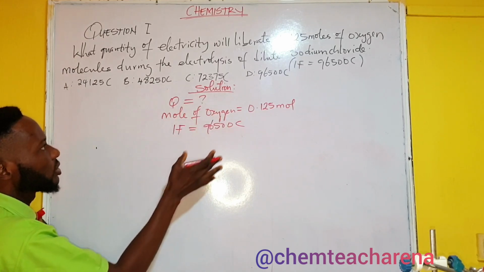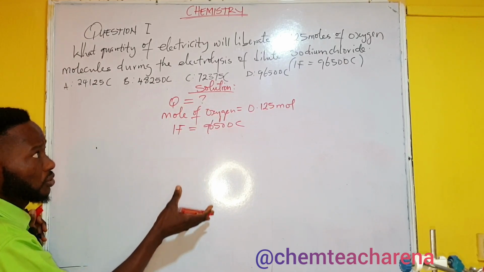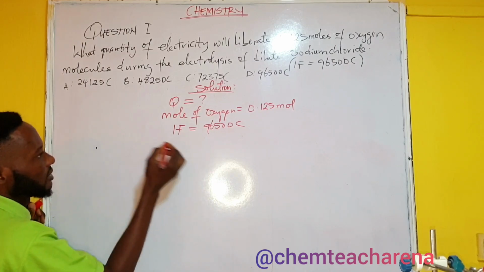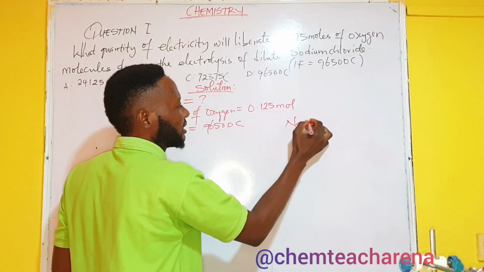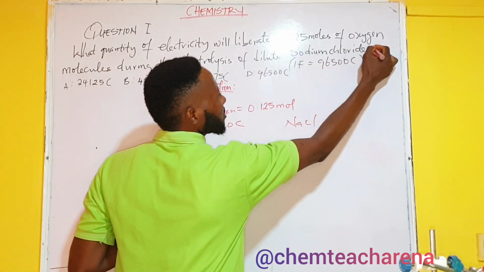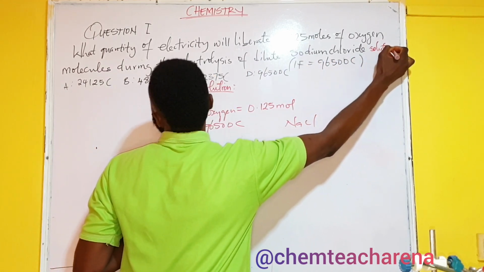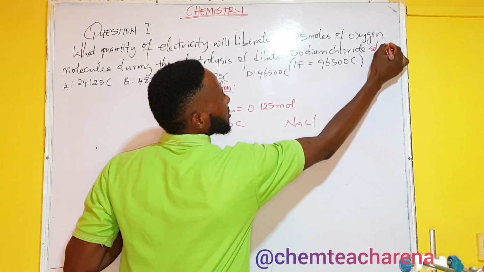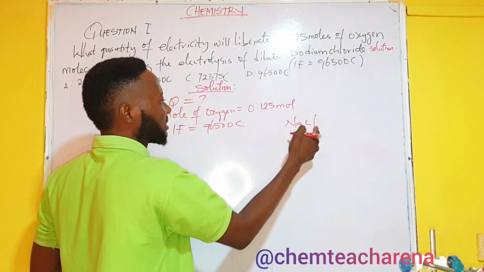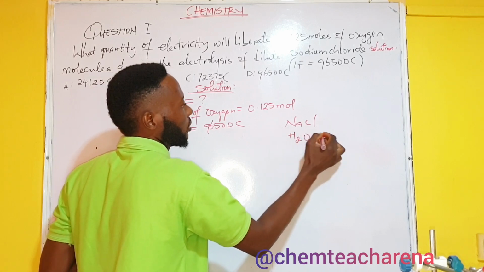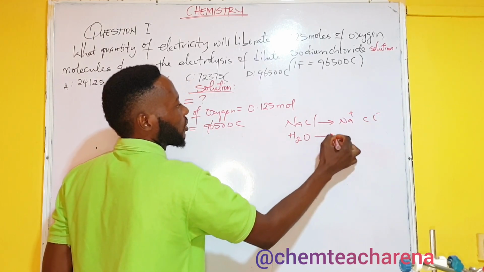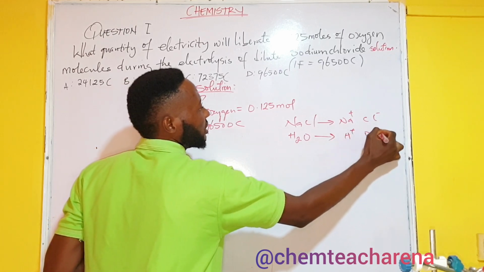For this electrolysis, if you have done electrolysis of sodium chloride before, you know that we have NaCl, then we dissolve it in solution, sodium chloride solution, so NaCl in H2O. Then this one will give us Na plus and Cl minus, and this one will give me H plus and OH minus.